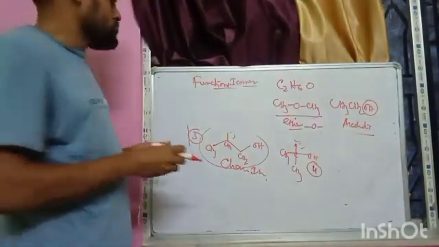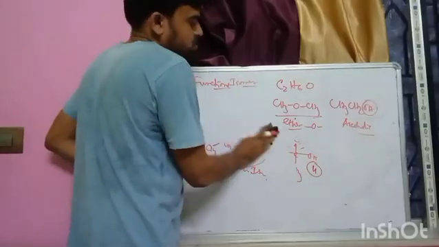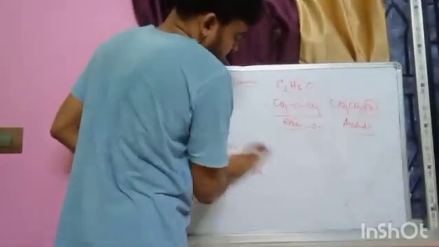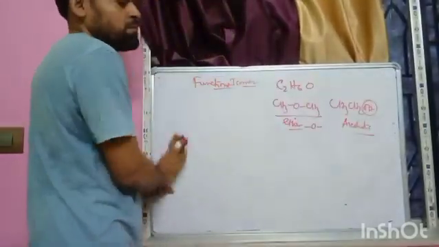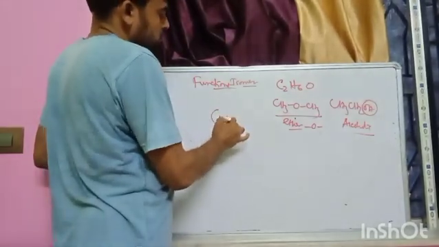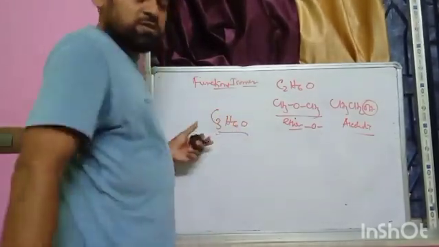There are so many types of isomers also present, that is C3H6O.